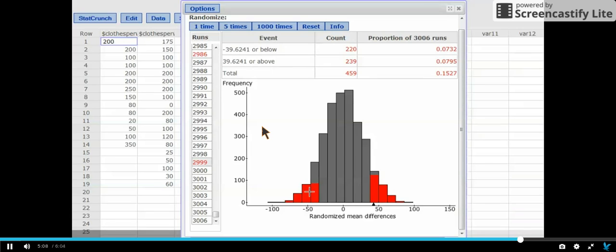And the area plotted in red here shows that 15.3%. And that area is important when we get into hypothesis testing a little later.